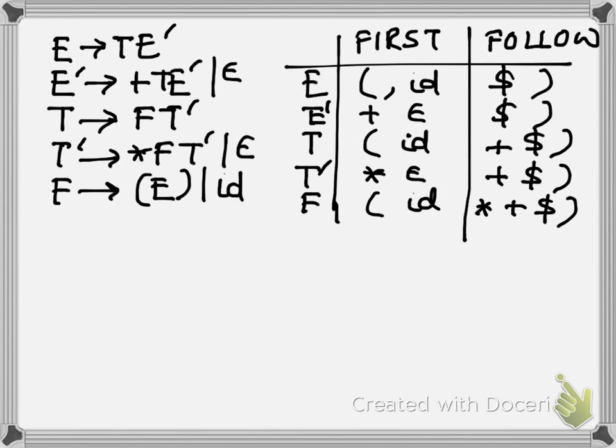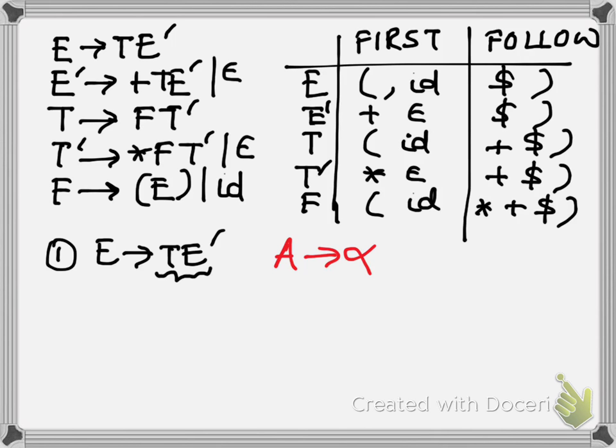Our first production is E derives T E dash. This is of the form A derives alpha. So we find out the first of T E dash, which is first of T, that is open parenthesis and ID.